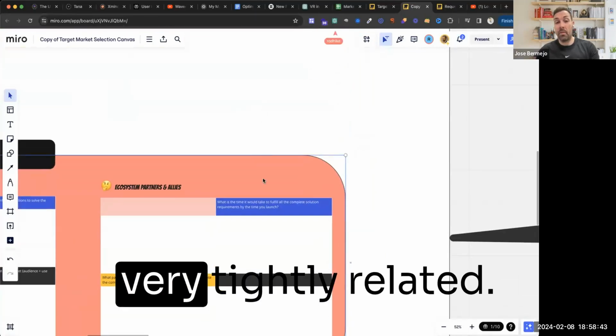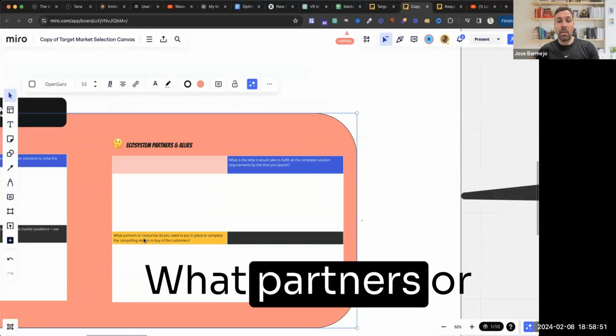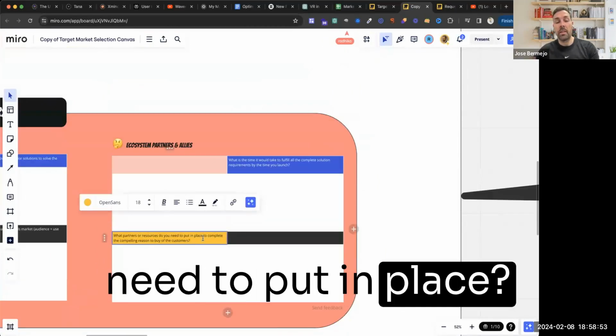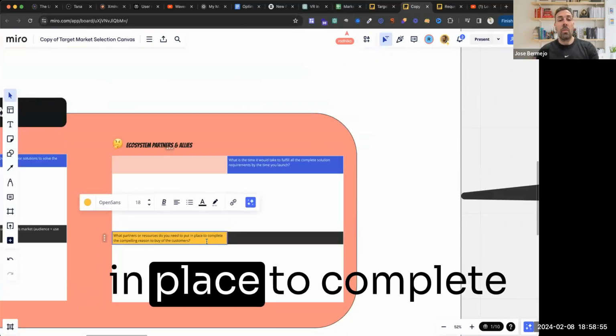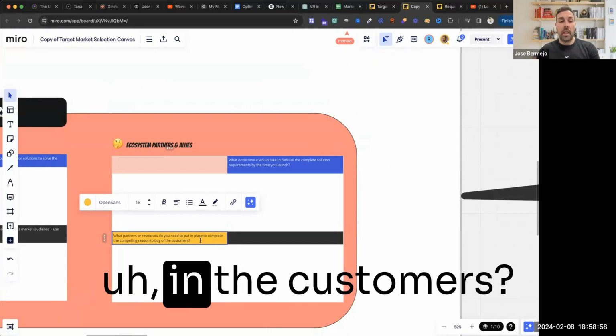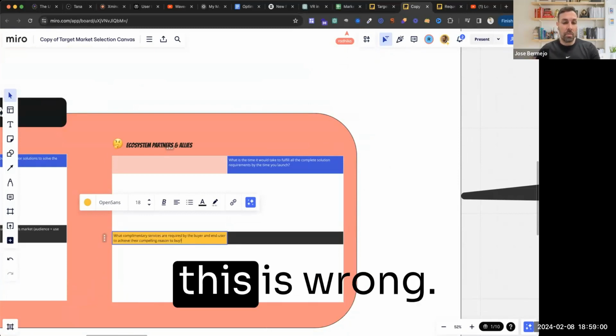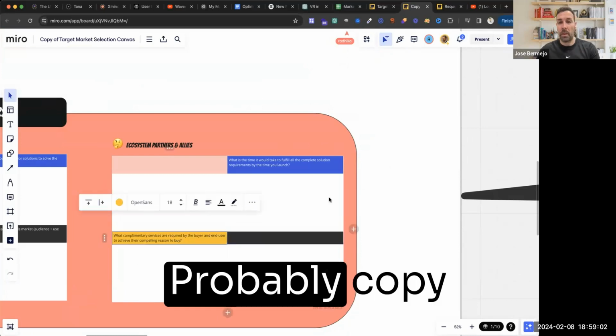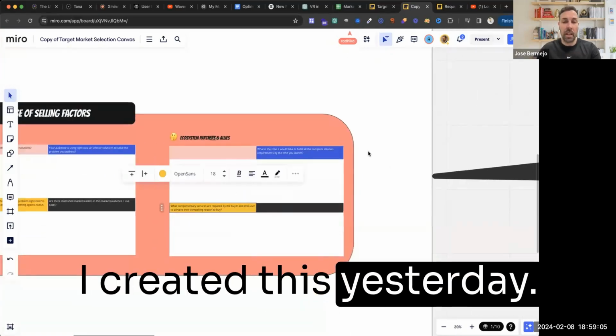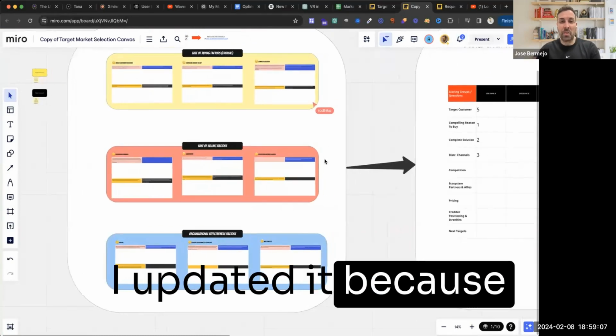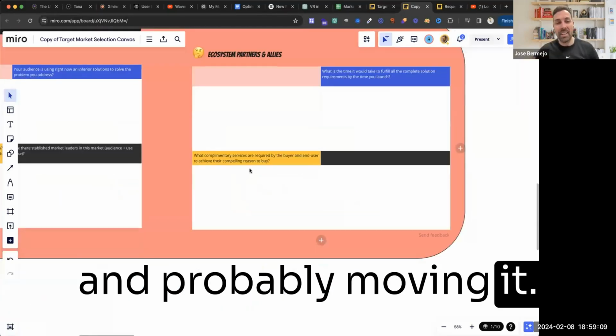That's why they are very tightly related. What partners or resources do we need to put in place to complete the compelling reason to buy for the customers? I don't know why this is wrong. Sorry about that. Probably copy and pasting. I created this yesterday. I updated it because we had another version and probably moved it.